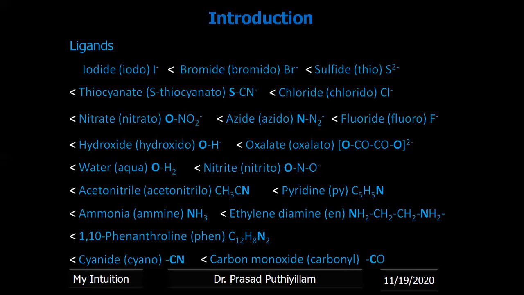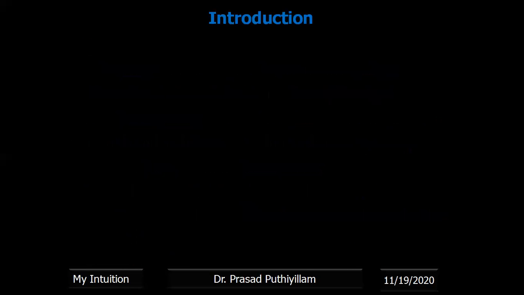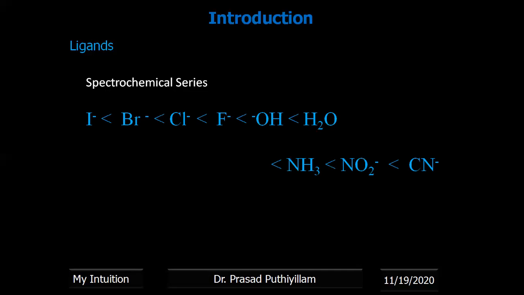So that's the increasing order of these ligands, from weak field ligand to strong field ligand. If you consider this increasing order or decreasing order, we call it the spectrochemical series. Some of the important ones are very easy to remember and come in question papers.